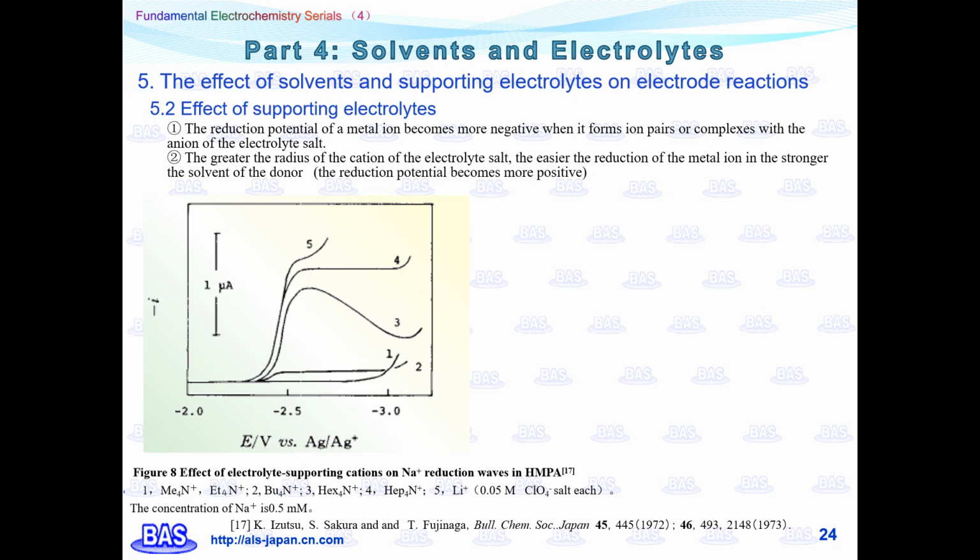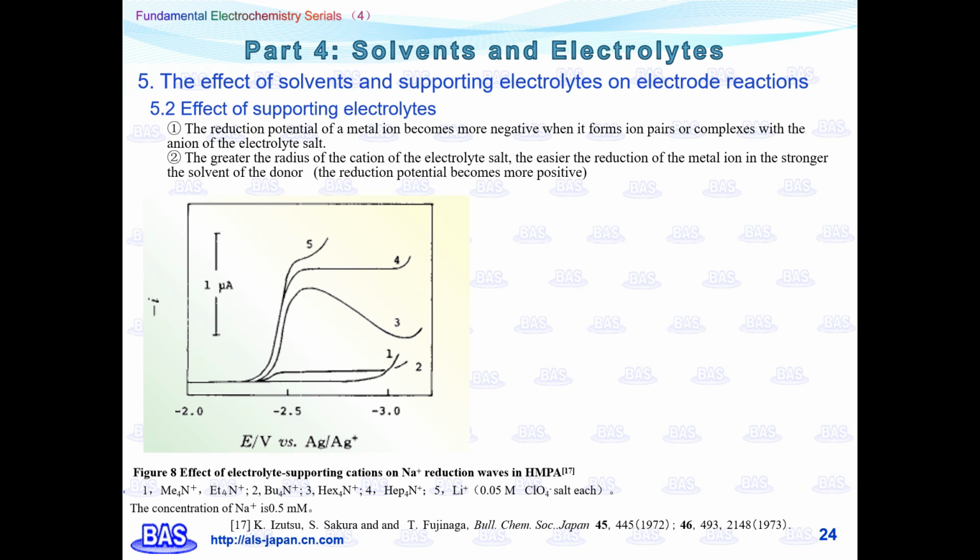The effect of the supporting electrolyte on the electrode reaction is introduced below. Since the cation and the anion of the supporting electrolyte react with species or products of opposite polarity, there are various effects on the electrode reactions.